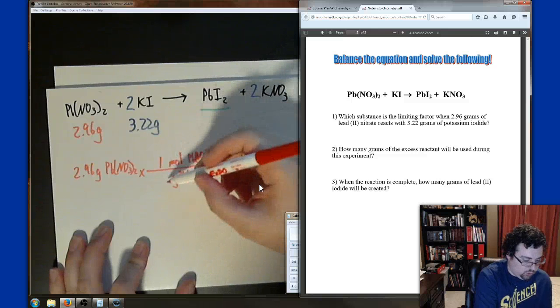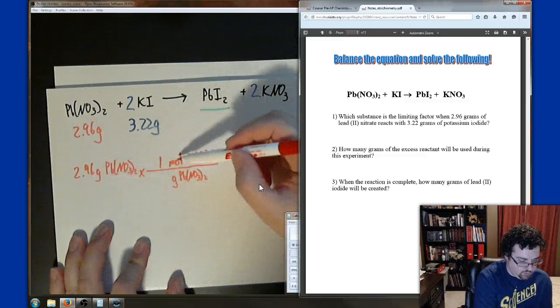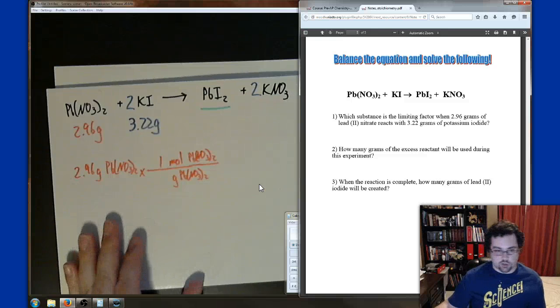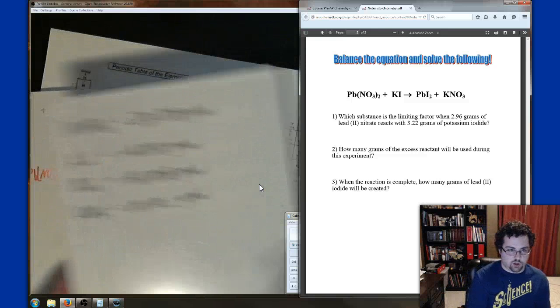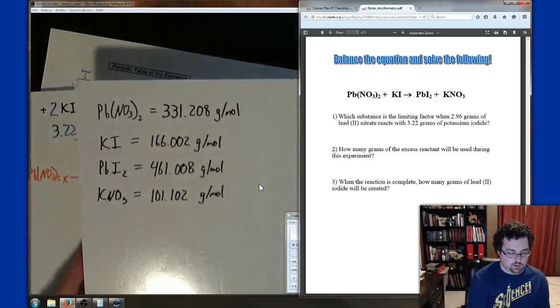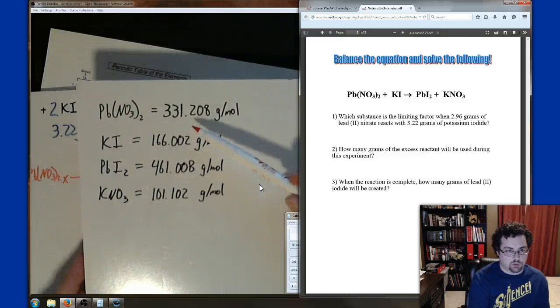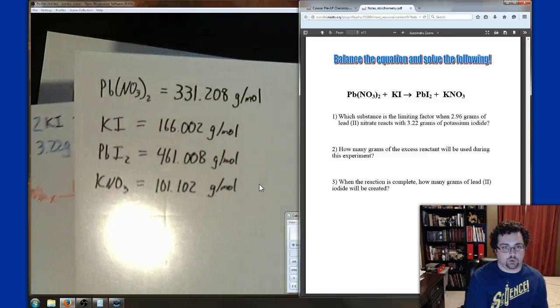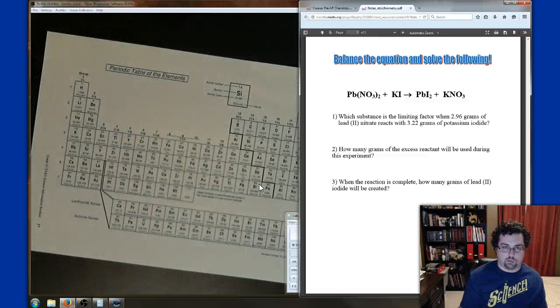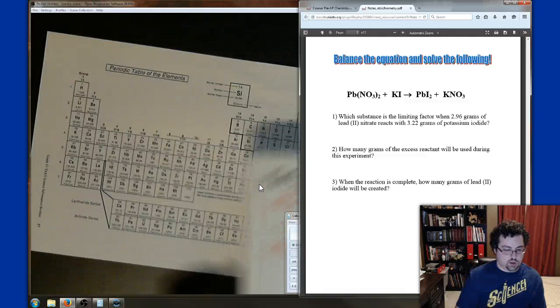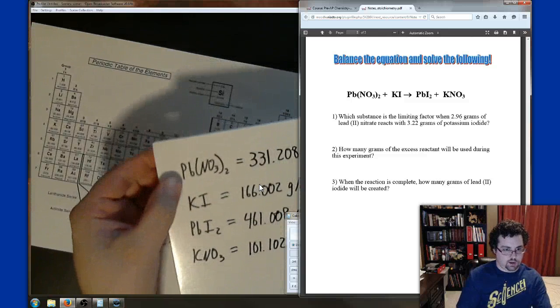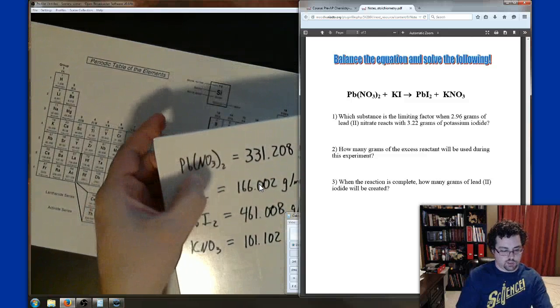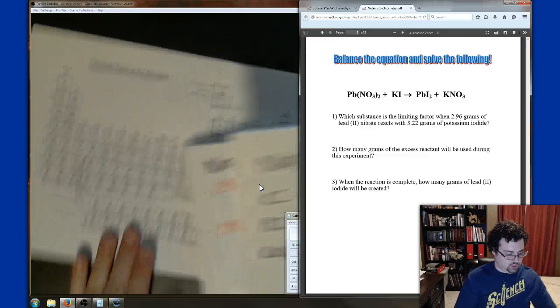This is the molar mass, because you're going to get rid of the grams and replace them with moles. I calculated the molar masses of all these compounds earlier. Lead-2 nitrate is 331.208 grams per mole. To calculate molar masses, you just add up the masses from the periodic table: the lead, 2 nitrogens, and 3 oxygens (in each nitrate), and that's what you get.